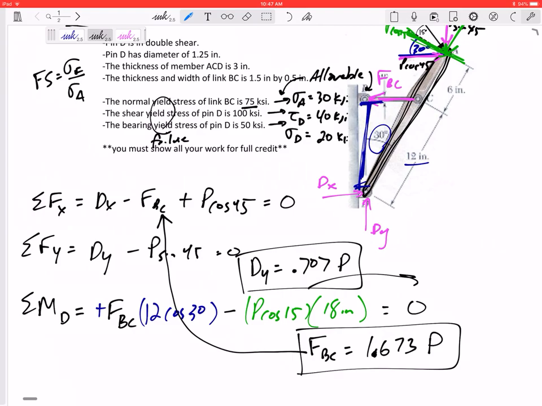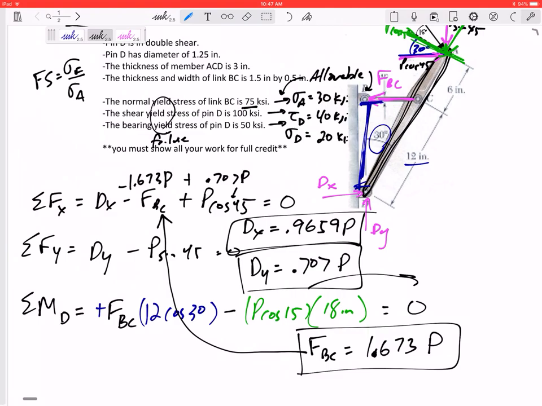So this is minus 1.673, and cosine 45 is just a number, 0.707 P. 1.673 P right here, plus 0.707 P right there. I can add those, and I've got dx is 0.9659 P.